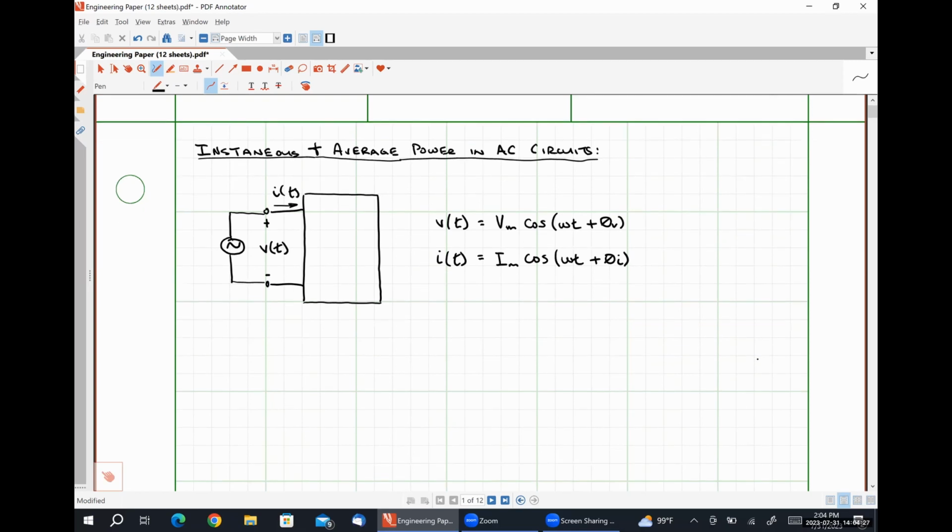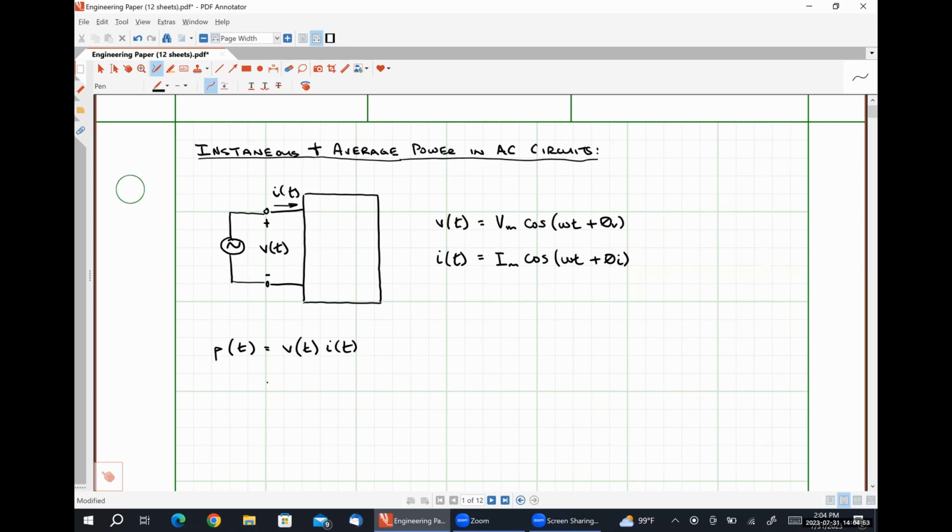It should be, hopefully, extremely unsurprising that the instantaneous power absorbed by this network is simply going to be the product of our voltage and our current, because that's all power ever is in an electrical system. Okay?